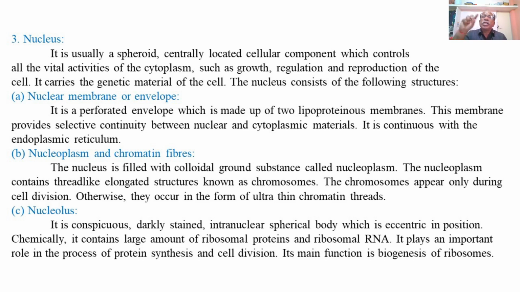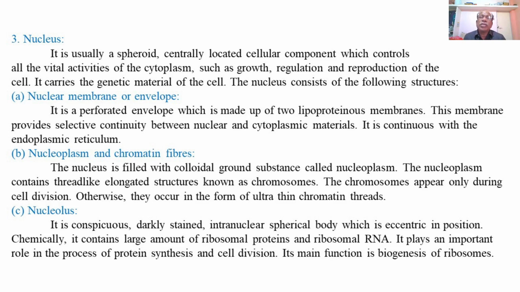It is usually a spheroid or spherical, centrally located cellular component which controls all the vital activities of the cell, such as growth, regulation and reproduction of the cell, and it contains the genetic material of the cell in the form of chromatin material or chromosomes composed of DNA and certain nucleoproteins.